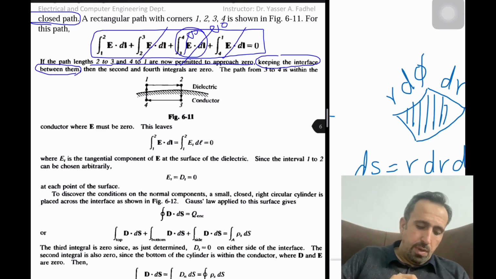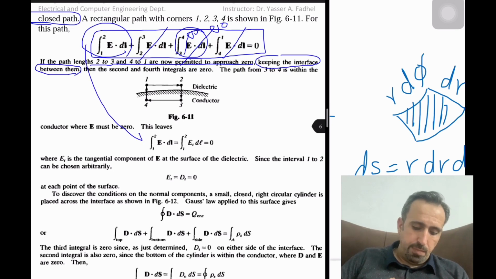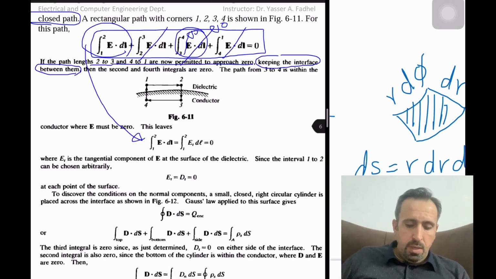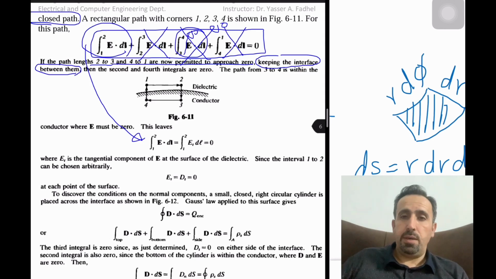So the remaining one will be just the first term, which is kept here because all the other terms are gone. For that reason, the last term will not survive. The last term also will be equal to 0. Why? Because originally our equation is equal to 0.